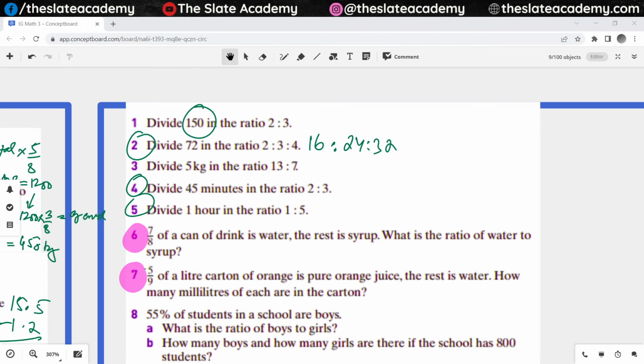18 ratio 27. Excellent. And for 5? Miss Aisha, what did you get for question 5?